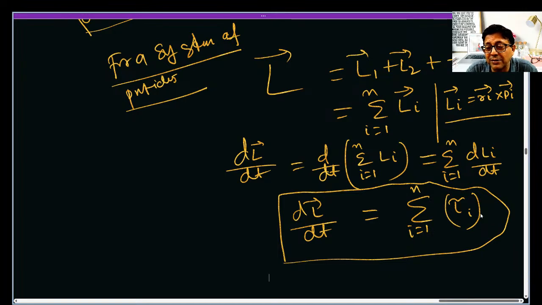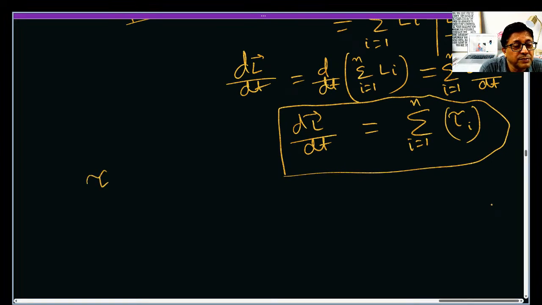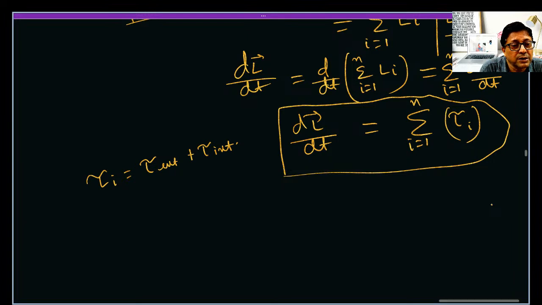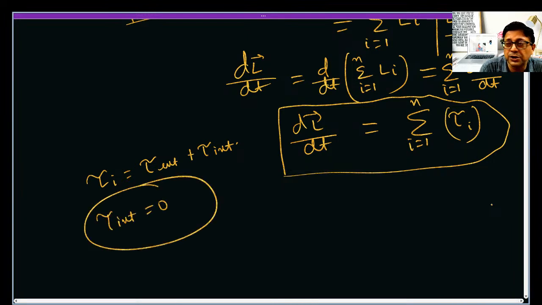External, internal, that part I will clarify. This tau i is what now? Tau external plus tau internal. Tau internal will be equal to 0. Internal torques get cancelled for each particle pair, M1 due to M2, M2 due to M1, they get cancelled.